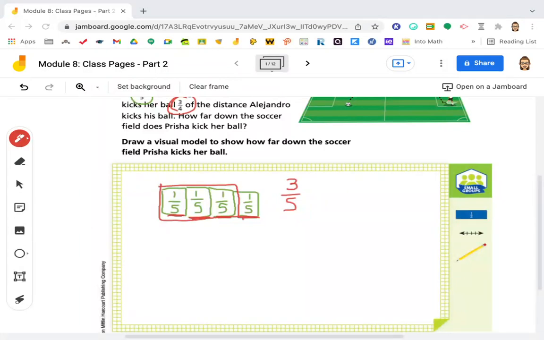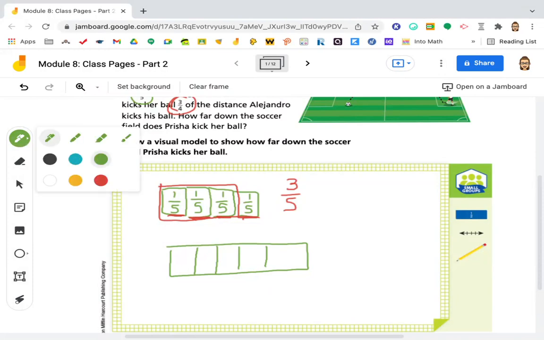We could also show this without fraction tiles by drawing Alejandro's, by having the whole here, splitting it into fifths. Those should be equal parts, but not quite.